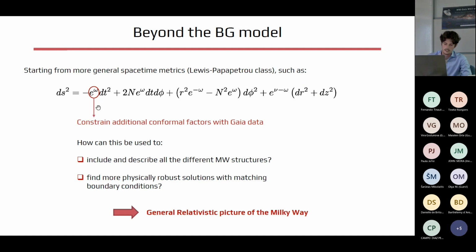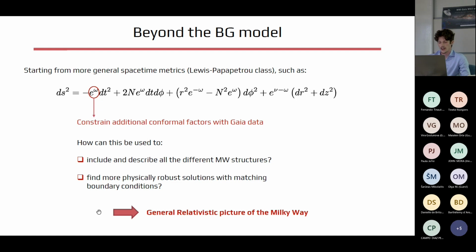So what can we do next? Since the BG model can only be applied near the galactic plane, we would like to go beyond it. For example, starting from a more general space-time, where additional conformal factors could be constrained with Gaia data, could be useful in order to include and describe all the different Milky Way structures and find more physically robust solutions with matching boundary conditions between these structures.